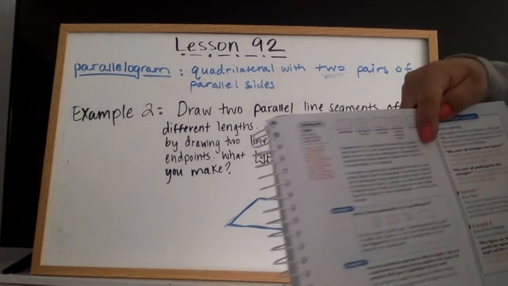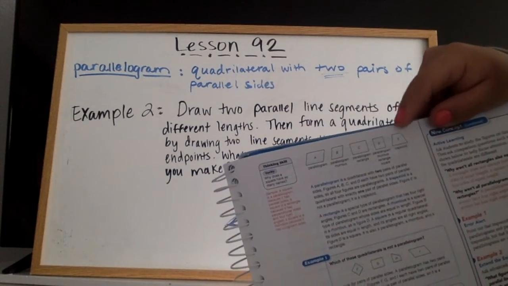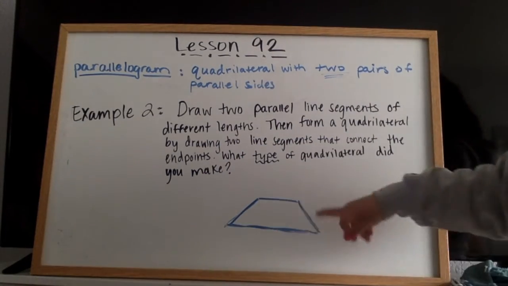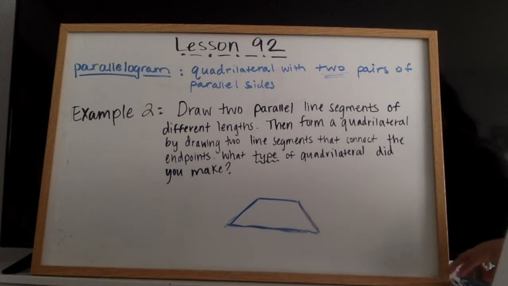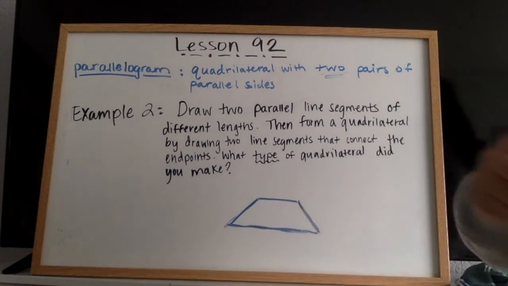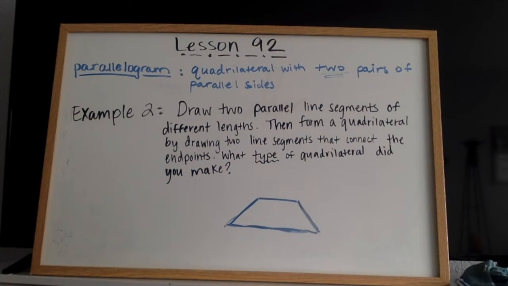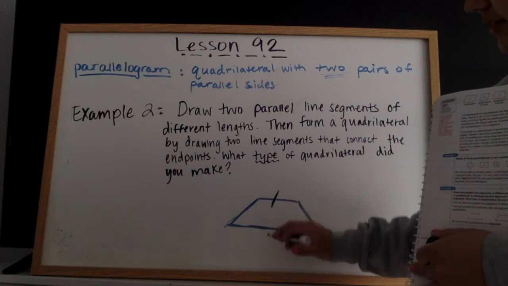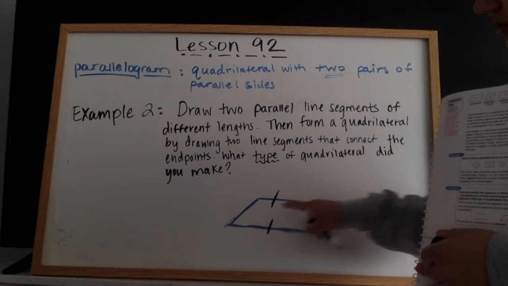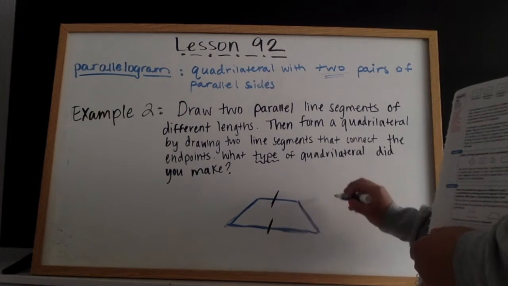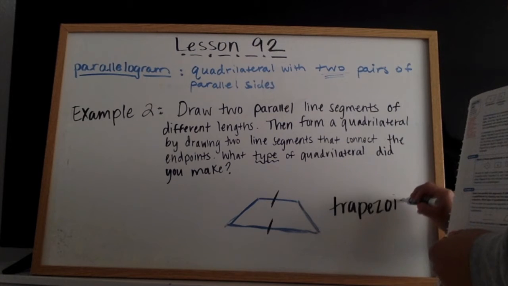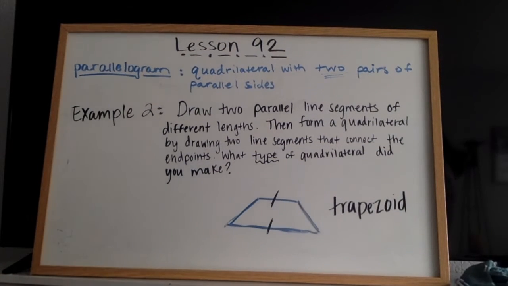And then it also gives you examples. So it says example E up here is an example of a trapezoid, which is actually just what this looks like right here, what we drew. So to double check, a trapezoid has only one pair of parallel sides, which is exactly what this is. These two lines right here are parallel to each other. So this guy is a trapezoid.